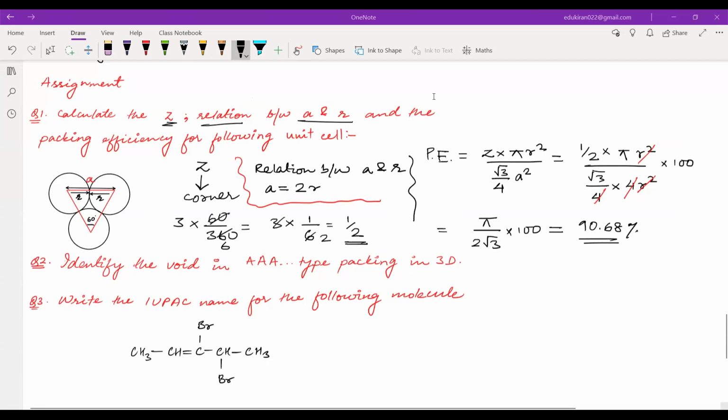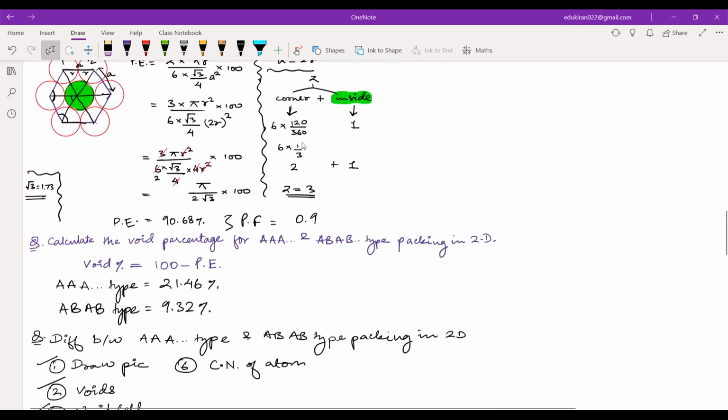Okay. So I hope all of you have calculated this. Hishma, Minashi, please tell me. Pi upon 2 root 3 into 100 will be equal to 90.68, right? Yes, sir. Now what I want all of you to see is that this unit cell is of a packing that we have already studied.